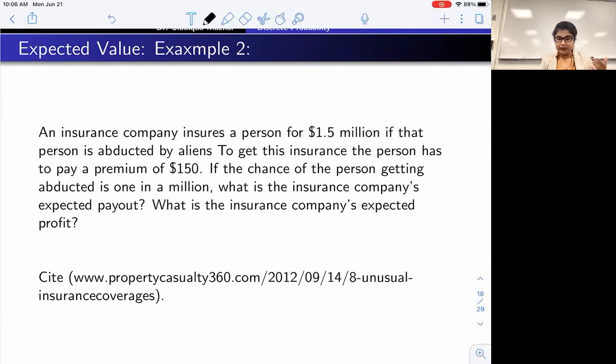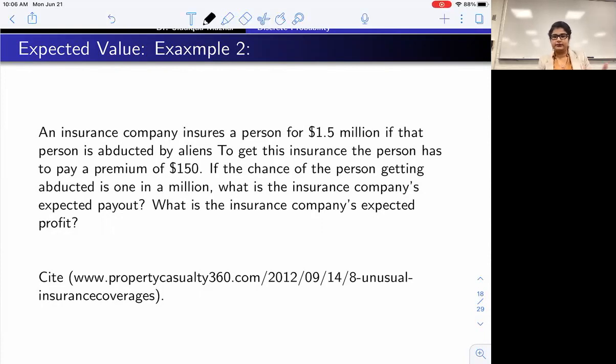So 1.5 million is the payout that they are going to pay if a person is abducted. To get this insurance, each customer has to pay $150.